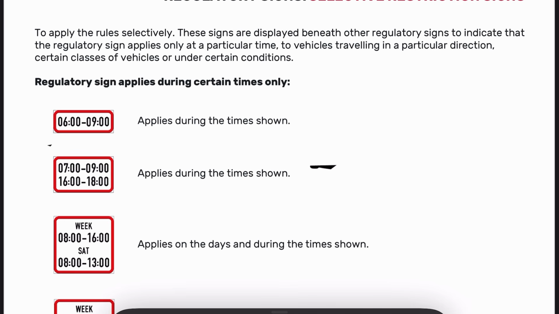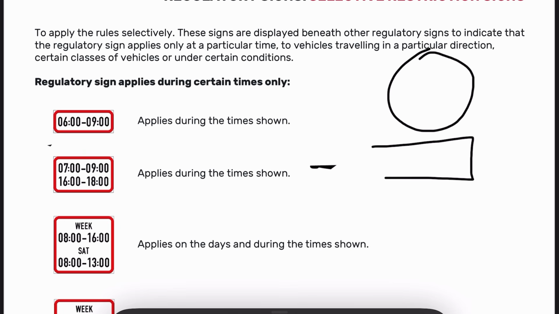So the selective restriction signs, you'll see them working as secondary signs. So you'll have a primary sign there on top, and then you have a secondary sign there. Maybe here they say U-turn is prohibited, okay?